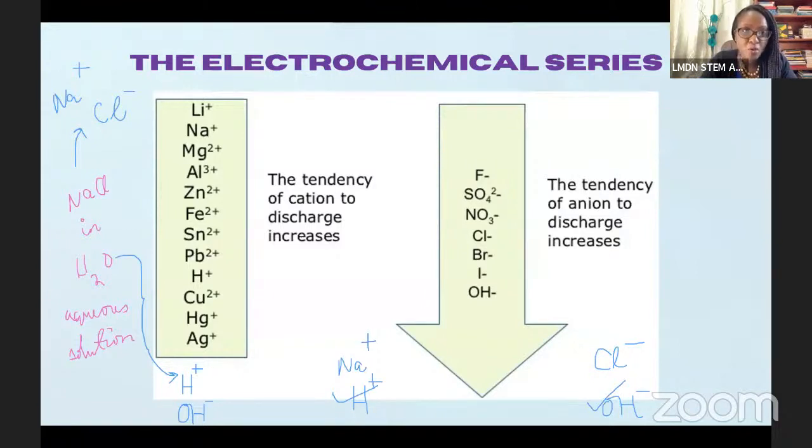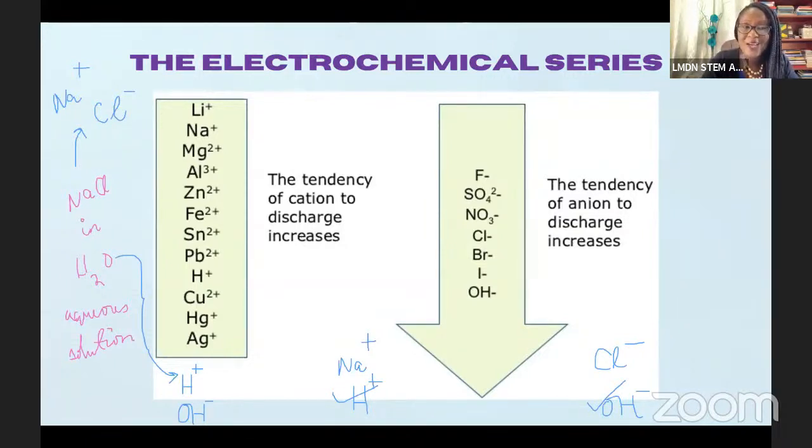You should study the case in which you have dilute sodium chloride being electrolyzed versus concentrated sodium chloride being electrolyzed. Because as I mentioned just now, it's not only the electrochemical series that determines which of these ions win, it's the concentration as well.